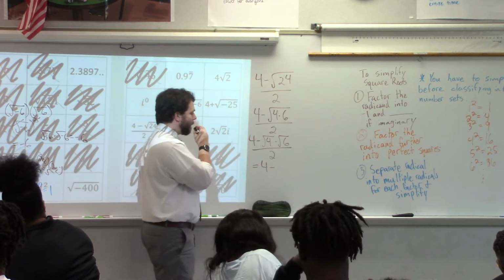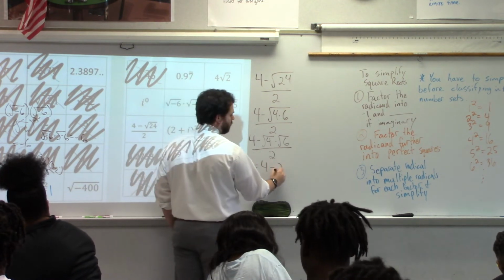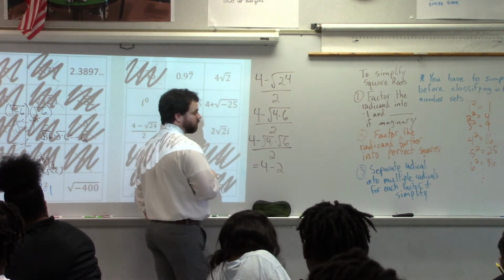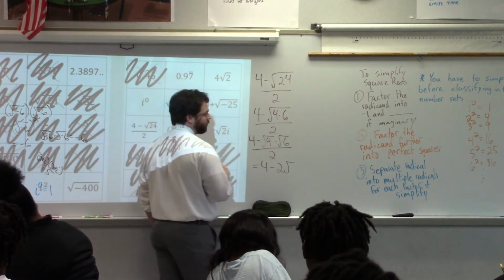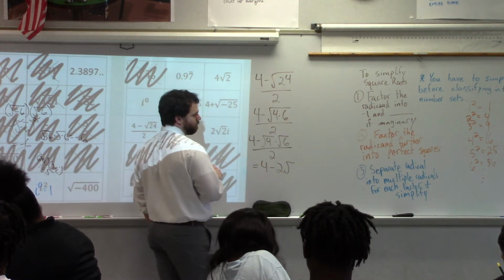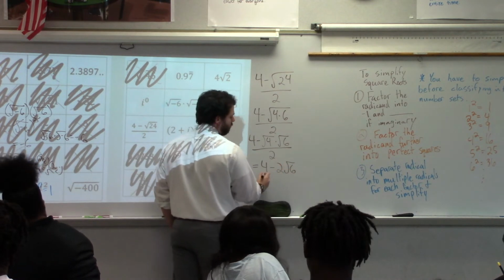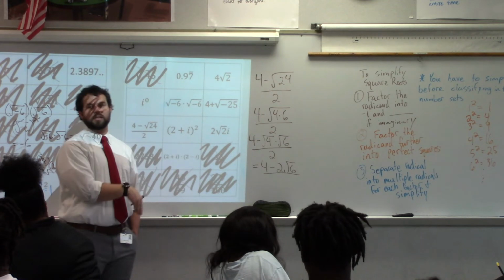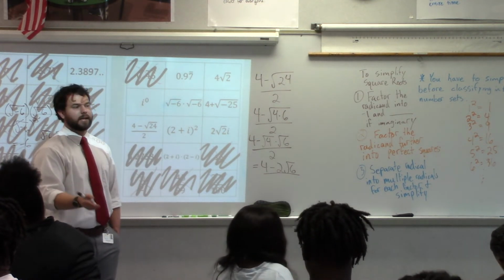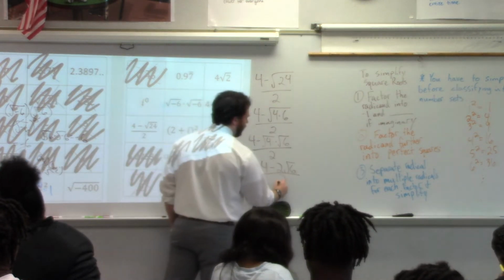So 4 minus what? 2. And then 3 square root of 2. So minus what? Just drop the 6 in. Remember, we were able to take the square root of 4 because it's a perfect square. Is 6 a perfect square? No, so I can't take the square root. All divided by 2.